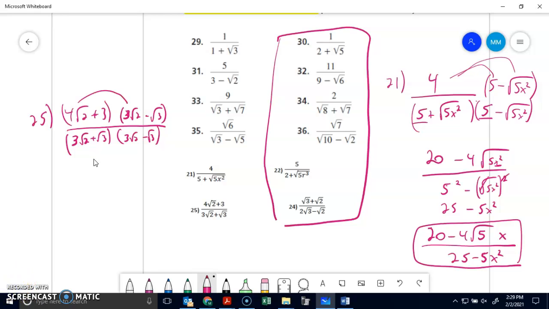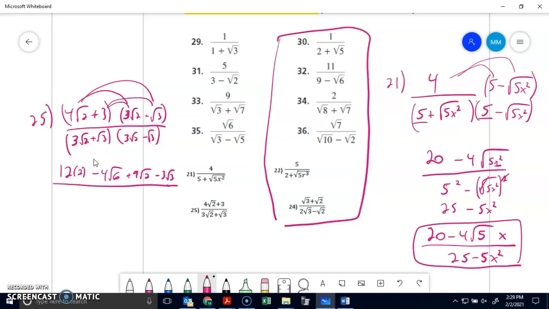So let's just take our time and distribute. I have 12, square root of 2 times square root of 2 is just 2. And then I have 4 on the outside and the square root of 6 on the inside. Let's distribute inside. 9, square root of 2. And then 3, square root of 3. Just watch yourselves.